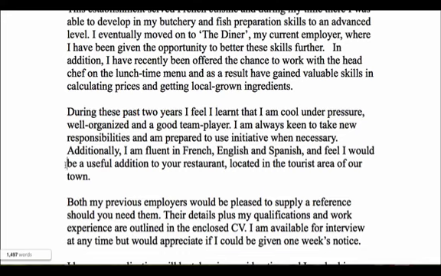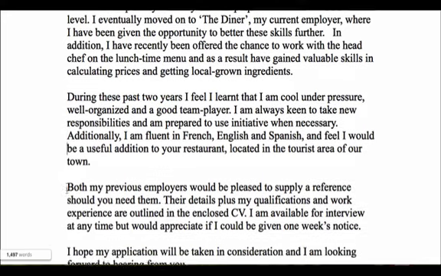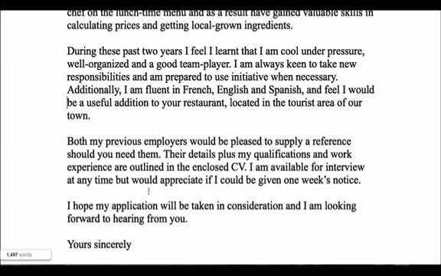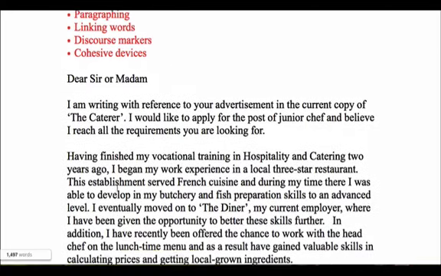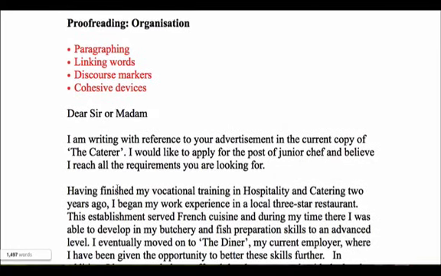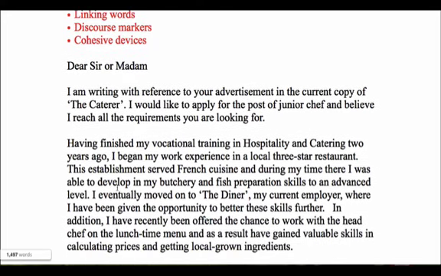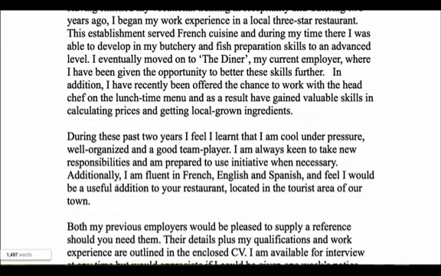And finally, in the penultimate paragraph, the writer uses a pronoun in their details. This refers to the 2 employers previously mentioned. So all in all, I think in terms of organisation, this is a well-structured piece of work. It's easy for us to follow, points are very logically ordered, and it's a very clear piece of writing altogether.